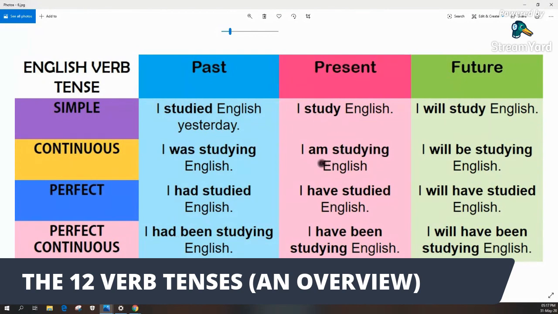Study for the simple, am studying for the continuous, have studied for the perfect, have been studying for the perfect continuous. And then for the future, will study, will be studying, will have studied, and for the perfect continuous, will have been studying English.